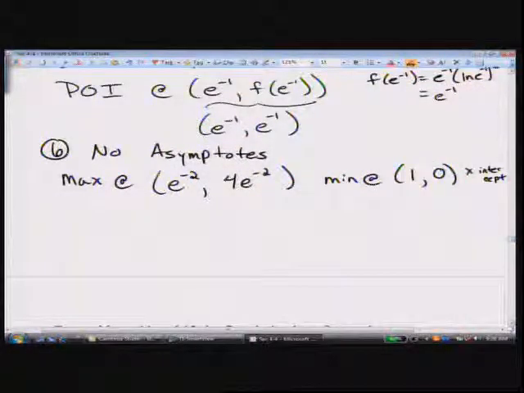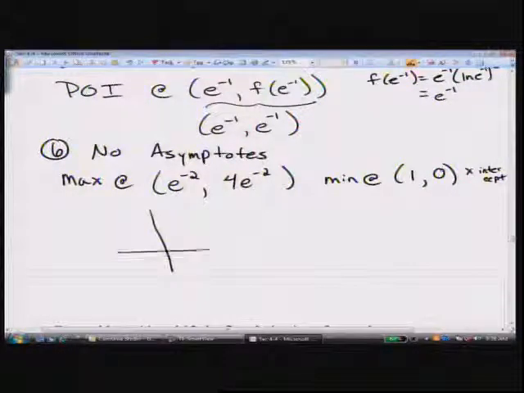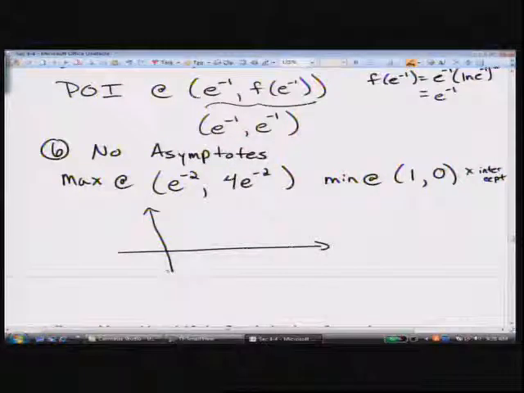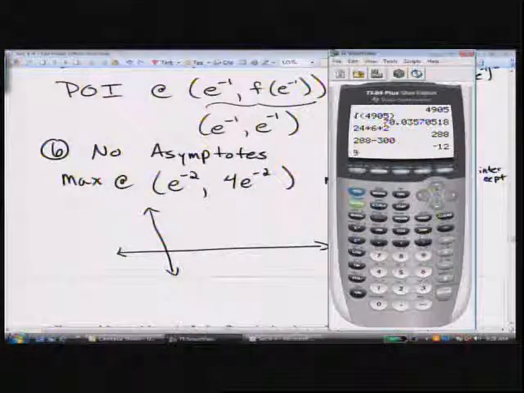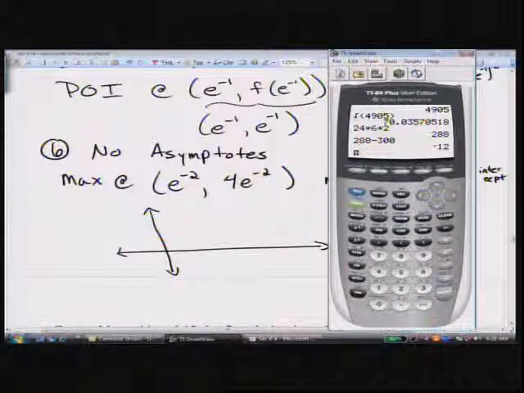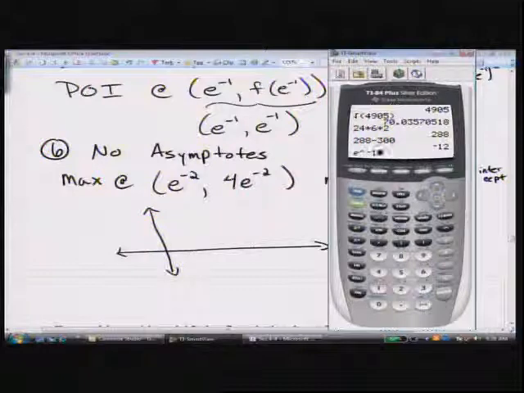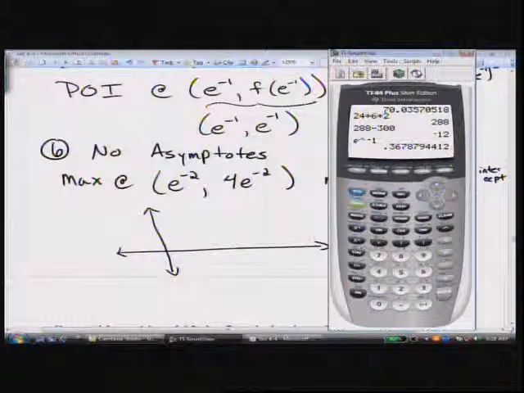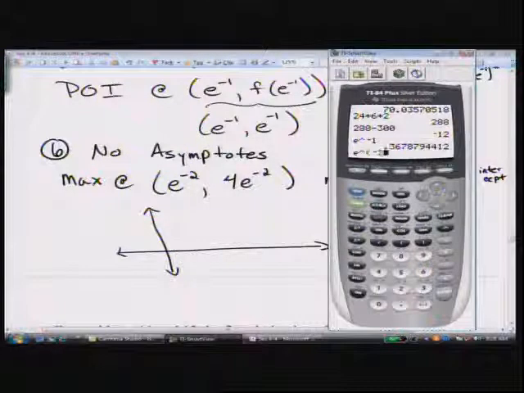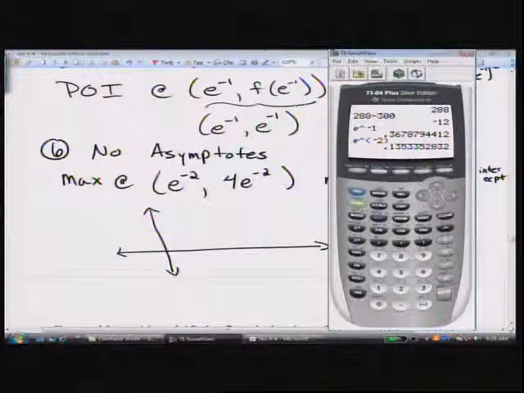Okay, and then if I were to sketch a graph of this, you probably at some point are going to have to get a sense of what e to the negative 1 is, what e to the negative 2 is, and all that sort of stuff. So at some point you have to sell out and get your calculator. E to the negative 1 is 0.36, and then e to the negative 2 will be smaller than that at 0.14.